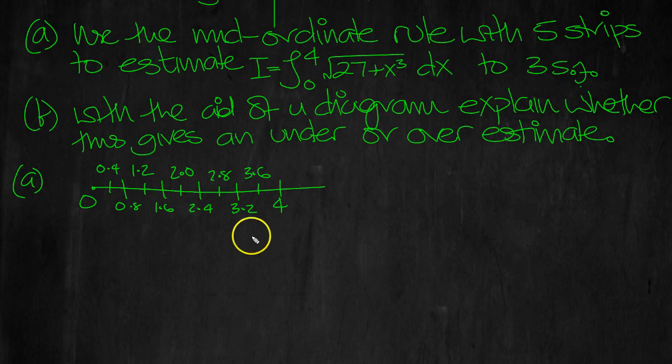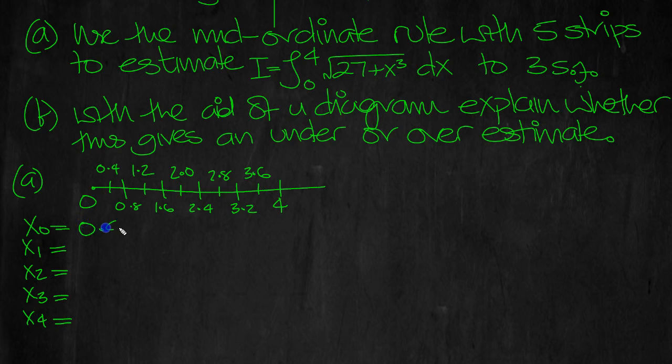So let's have a look at it then. So x0, x1, x2, x3, x4. So we've got 5 strips and 5 x ordinates. There are the x values. Now we need to work out the y values. The function is the square root of 27 plus x cubed.